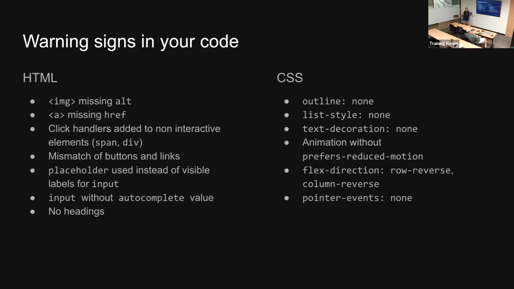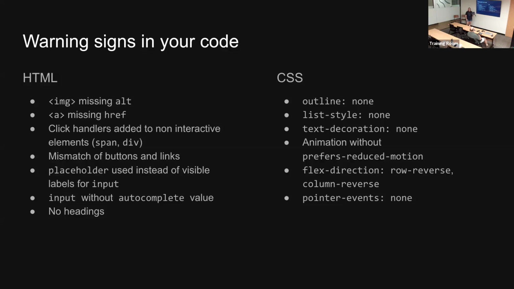So the first HTML warning sign is when you have image tags missing alt text. And sometimes when you're using a content management system and you have, say, an image component, and you have alt equals blank hard coded, that also could be a similar warning sign, because that means any image data that's passed to that particular component will never receive alt text.